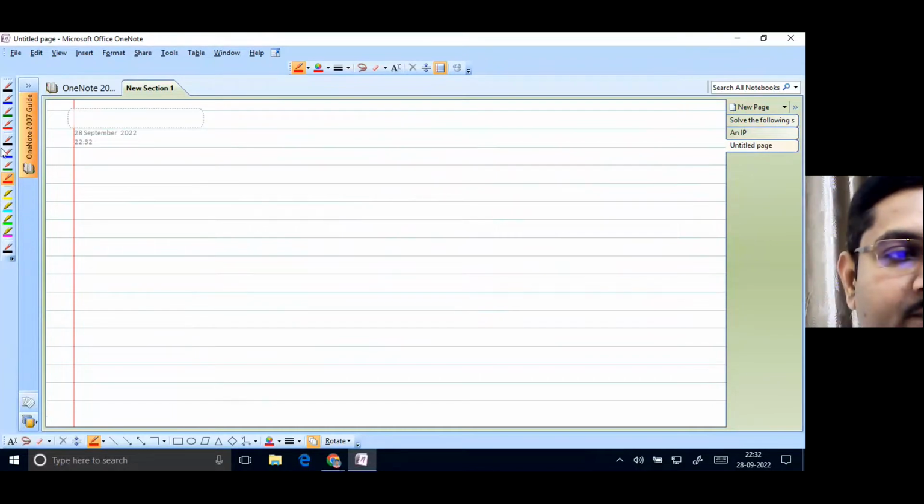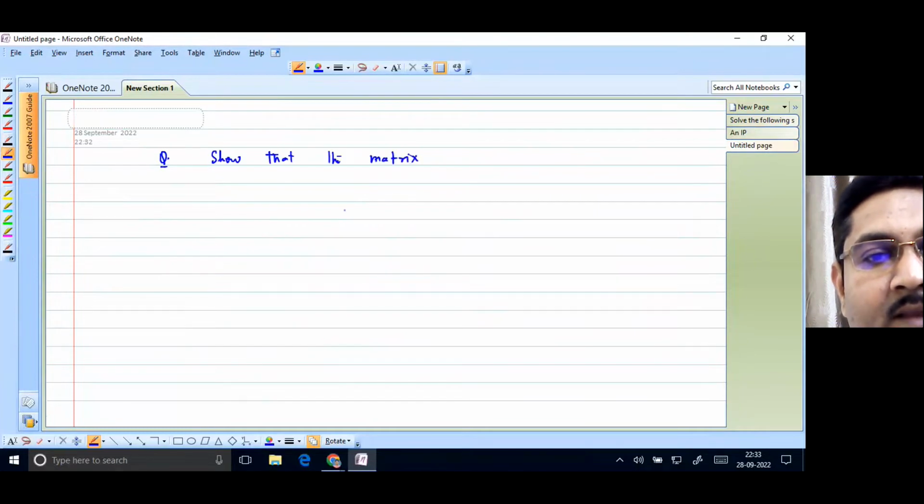So now I have one interesting question at this end. The question is that the matrix 0 1 1 0 has no LU decomposition.